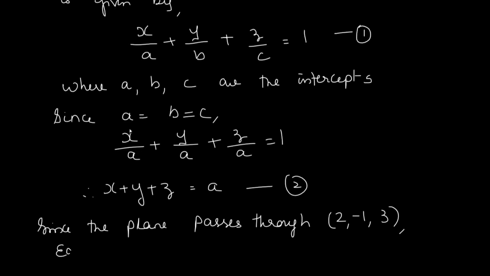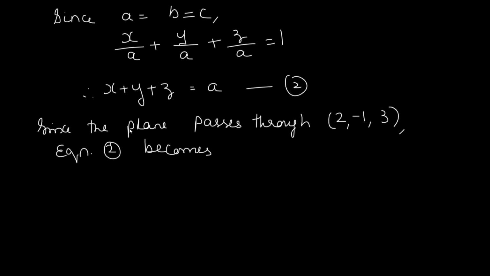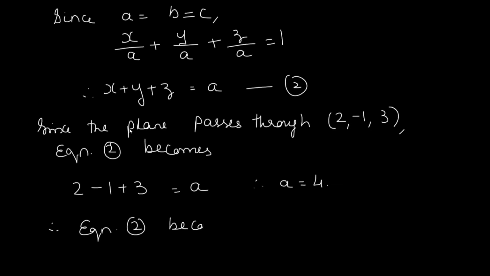So equation 2 becomes 2 minus 1 plus 3, putting the values of x, y, z over here, is equal to a. And therefore solving it, we get a as 4. And therefore equation 2, which is the equation of the plane, becomes x plus y plus z is equal to 4, and this is the required equation of the plane.